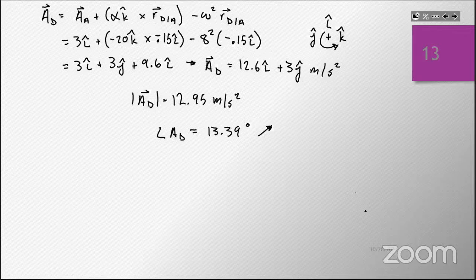Writing it as the magnitude and the angle is good as well, but it's just another way of showing the vector, right? If you wrote it in vector notation with I and J, I'm fine with that. You guys have any questions on this one? Doing all right.